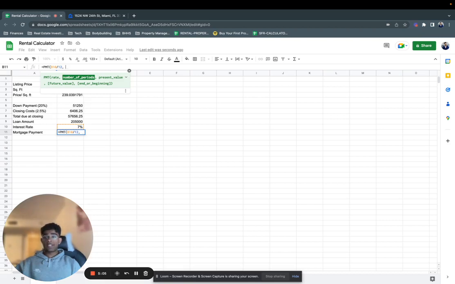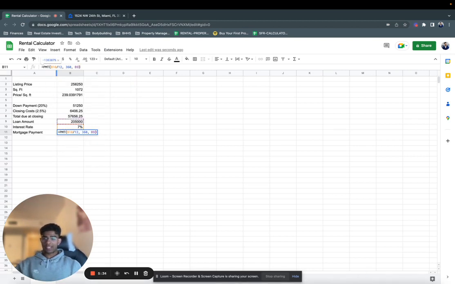Next is the number of periods. That would be the total number of months in your loan period. For almost all loans, that's going to be 30 years. So 30 times 12 gives 360. And then the third argument is just the amount of the loan, which we calculated already as B9.